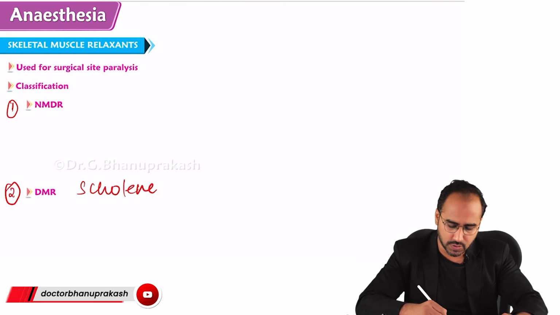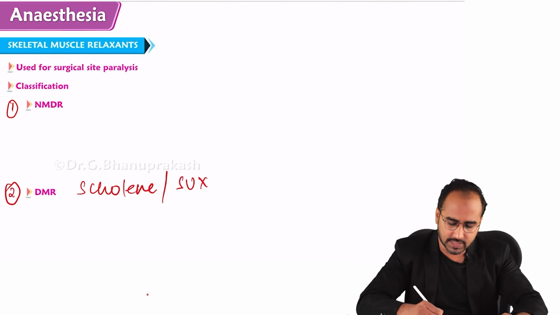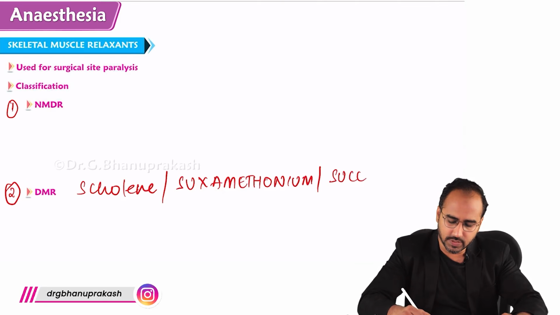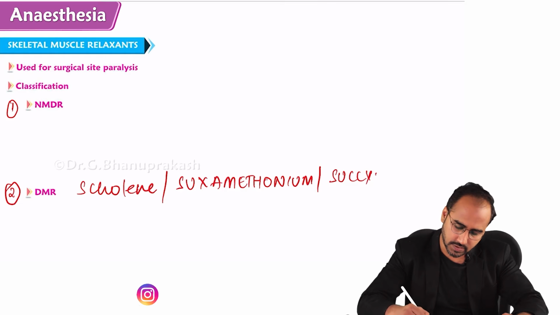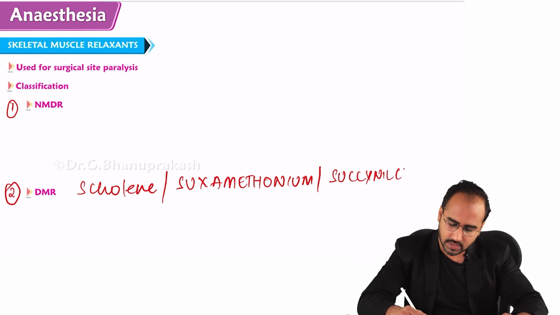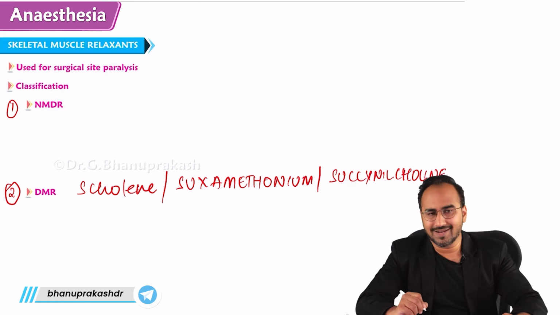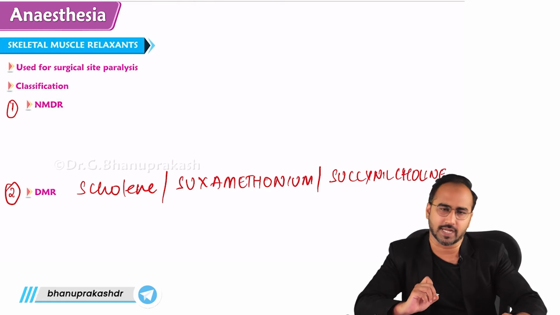The other name for scoline is succinylcholine. So one drug having three names, scoline or succinylcholine, is a depolarizing muscle relaxant.